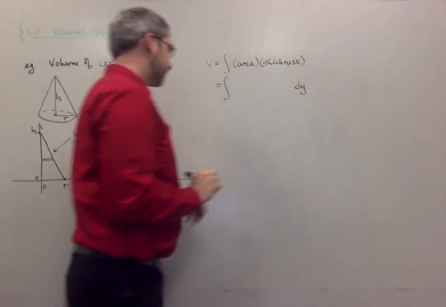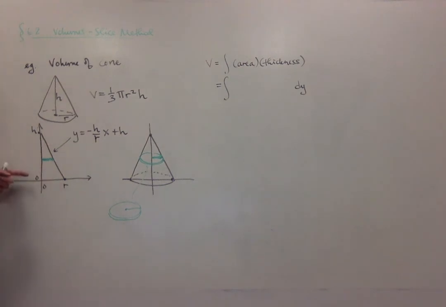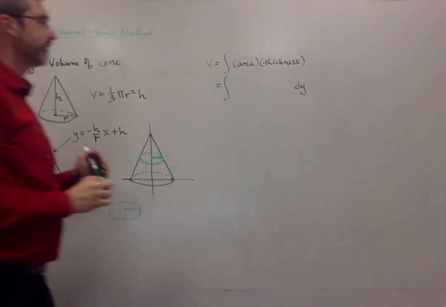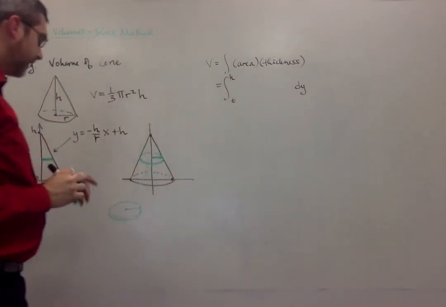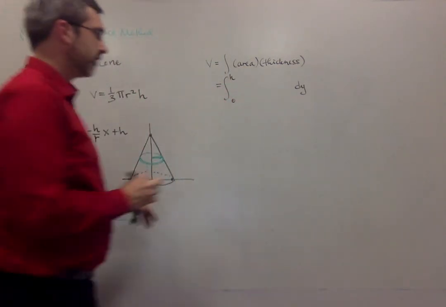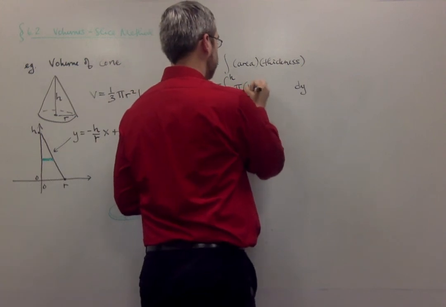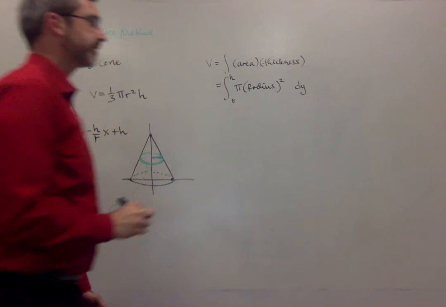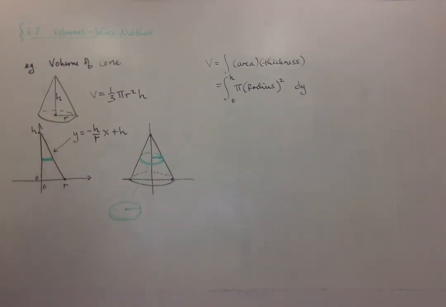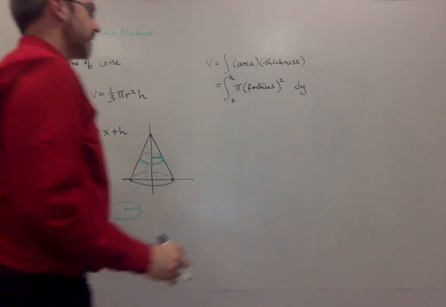And then we have to ask ourselves, where is y going from? Well, it's going from 0 to h. So let's put that in from 0 to h. And then this type of area, it's a circle, so we're going to have pi times the radius squared.